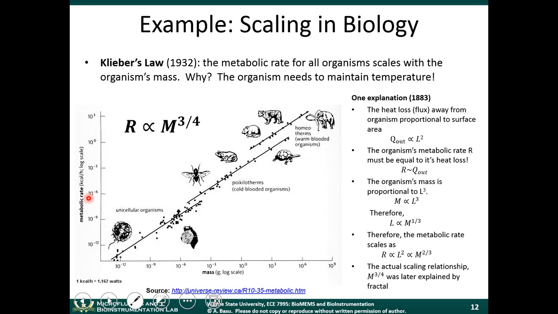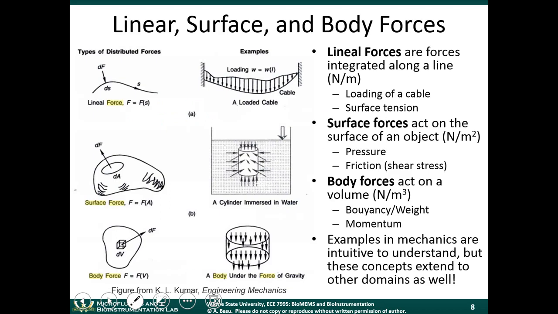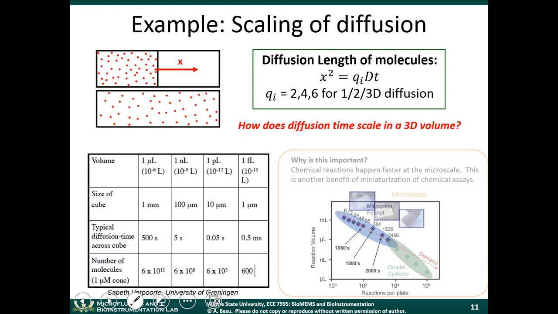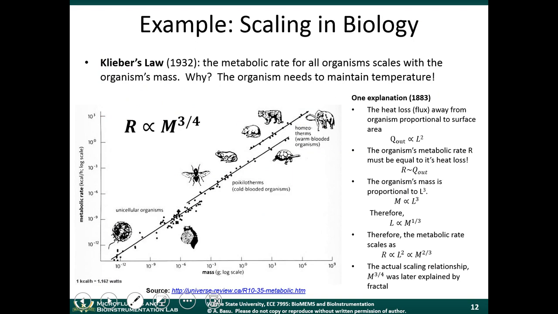If we back up to this slide here, heat flux was one of those surface fluxes. It scales as length squared. So the heat flux away from an organism is proportional to the surface area: Q out is proportional to L squared.